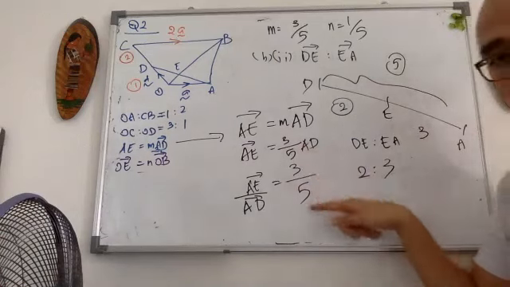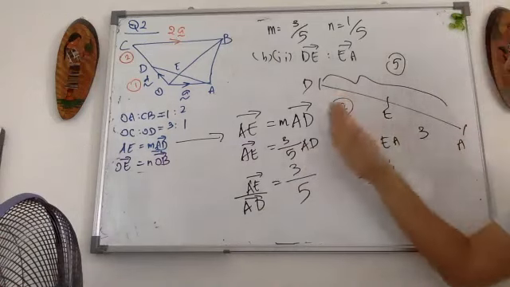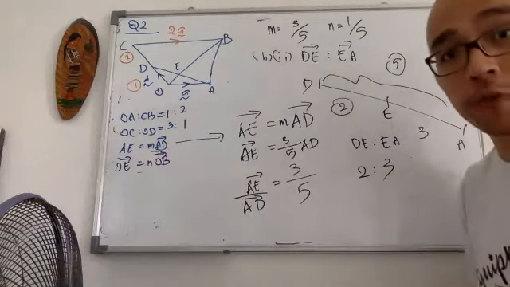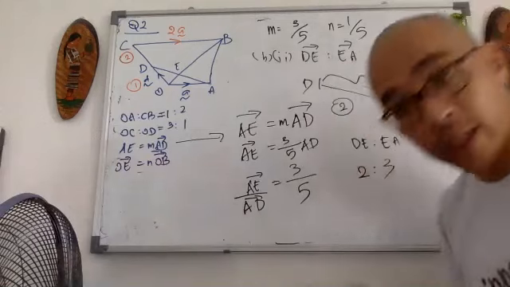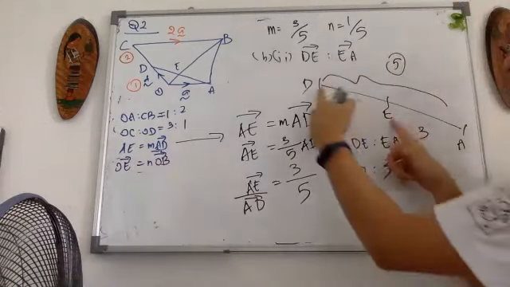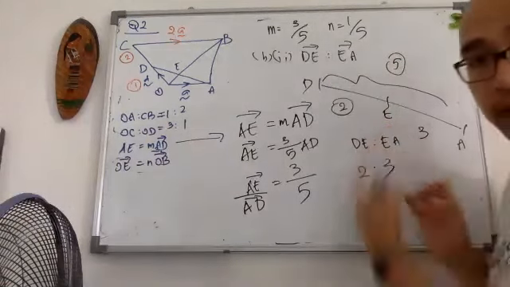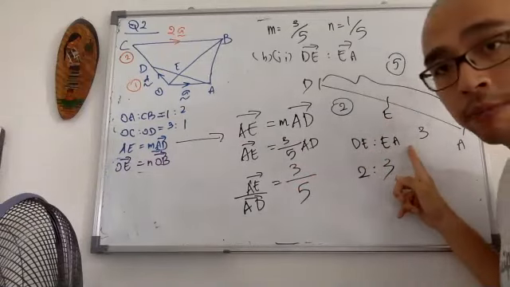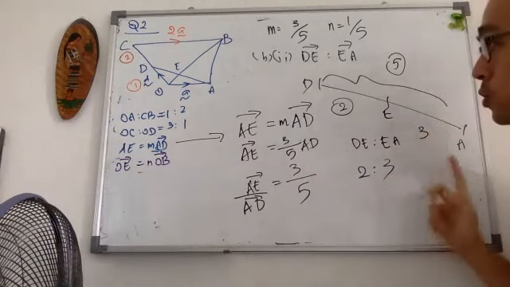Once you have figured this out, you just need to see which one. The direction doesn't matter because remember the ratio is just the magnitude. So there's no -2, -3 there. The length of DE is 2 parts, the length of EA is 3 parts. So the ratio of DE to EA, as the question asks, is 2 to 3.